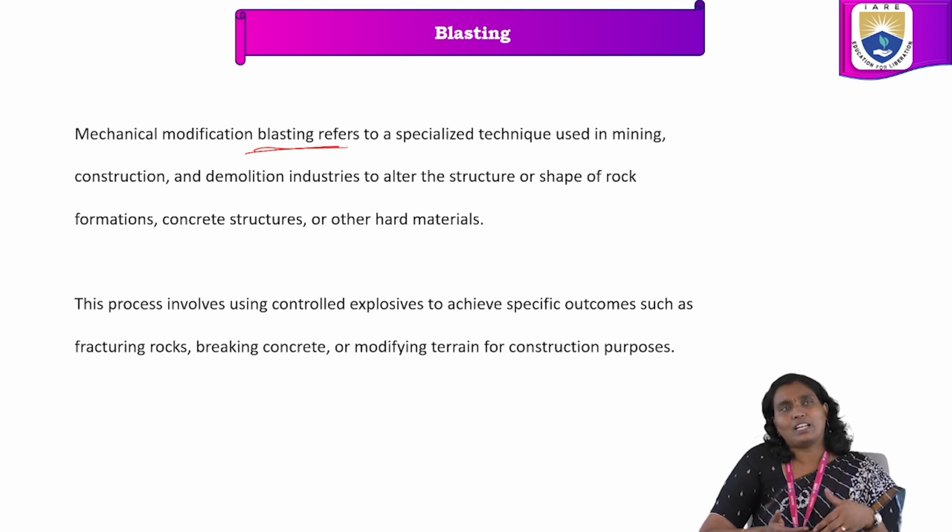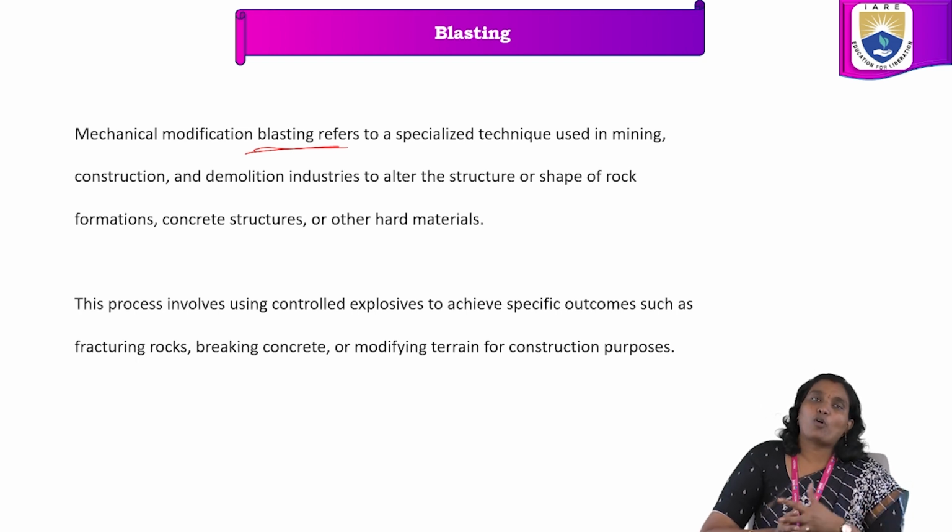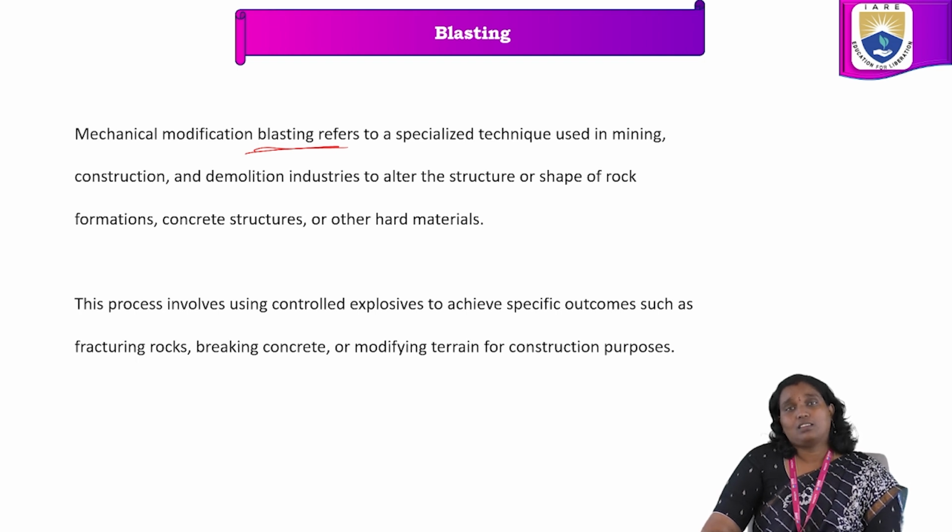Generally, from a general point of view, it means we are going to reduce things. But in soil improvement, as per the requirement of the construction work, we are going to modify some of the properties as a part of mechanical modification using blasting.